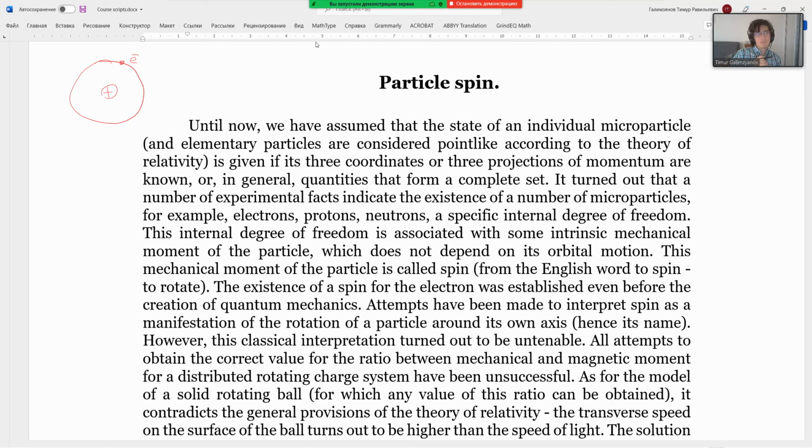However, the other way classical mechanics obtains angular momentum is to take a solid particle and rotate it around its center. So, to take a ball and rotate it.